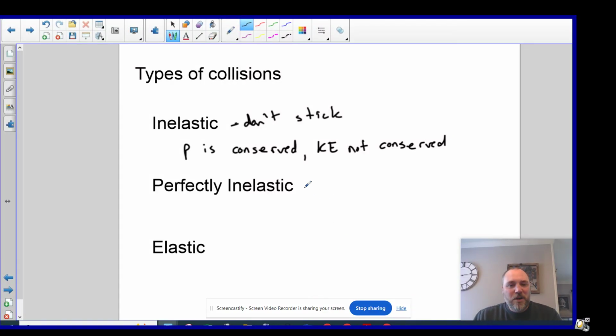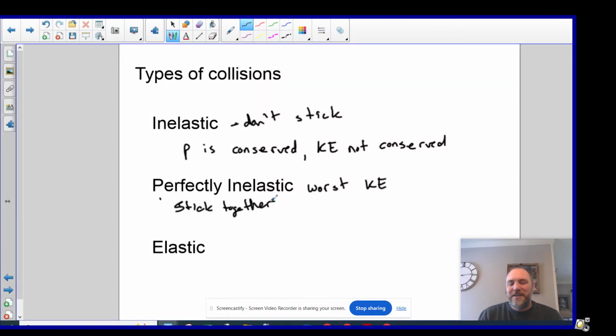And then the worst thing for kinetic energy is a perfectly inelastic collision. So this is like the maximum amount of kinetic energy lost for a collision, when the objects stick together. So perfectly inelastic, if those words are used, you know that the objects are sticking together. So we have two objects before the collision, one object to track after the collision.